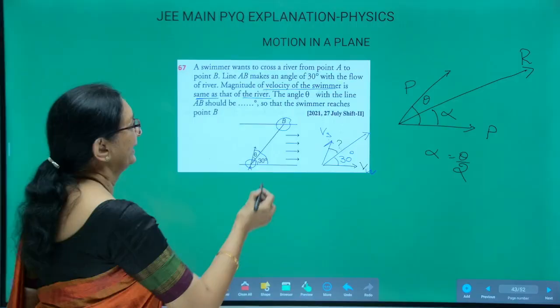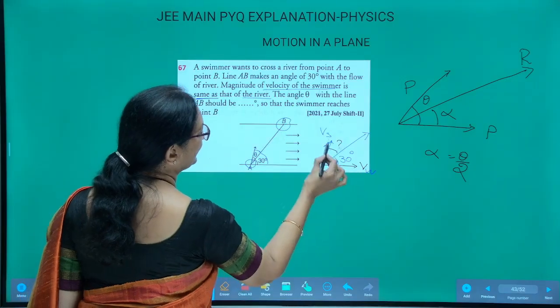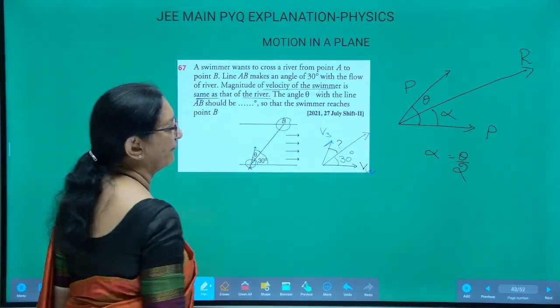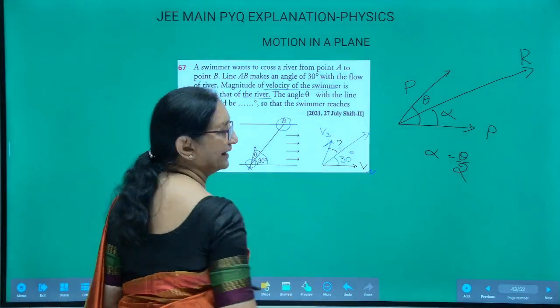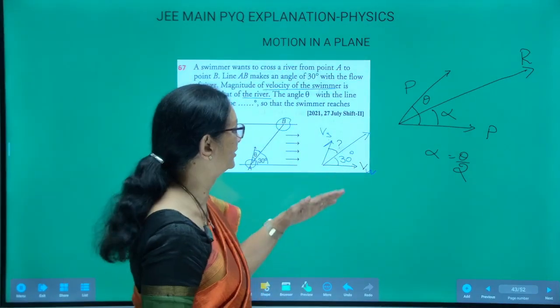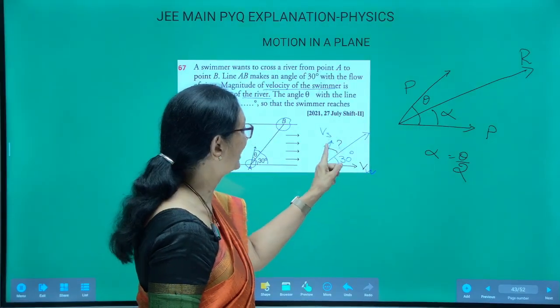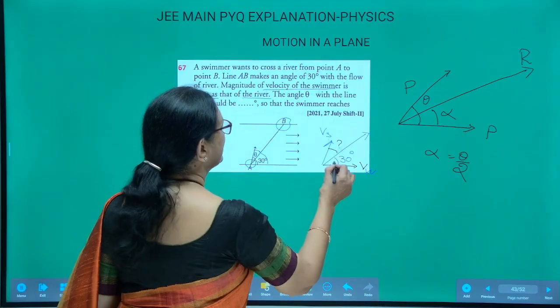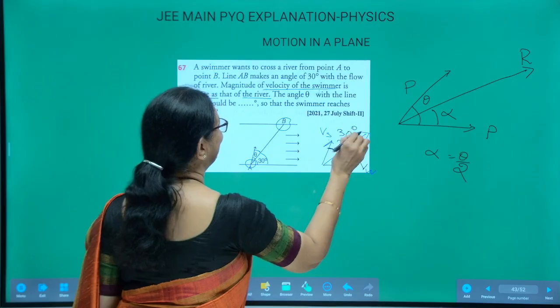So, here it is mentioned in the problem, magnitude of velocity of the swimmer and velocity of water are equal, and this is the resultant direction. Then if these two vectors are equal in magnitude, the resultant will make equal angles with both of them. So, if this is 30, this has to be 30 degrees.